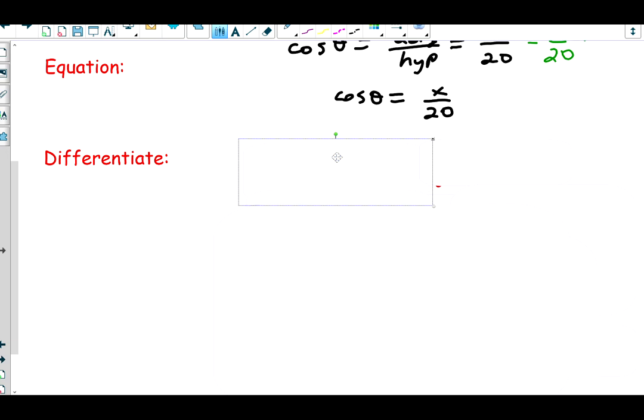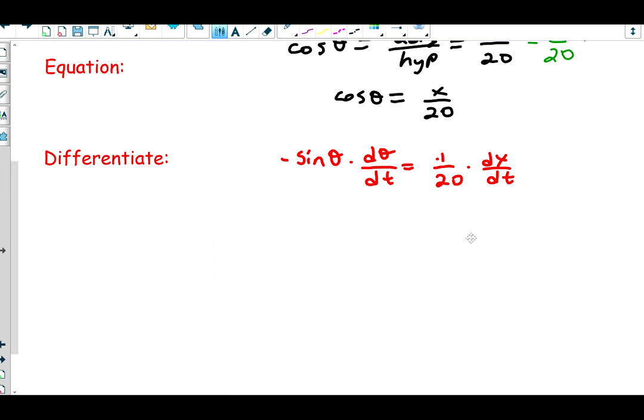Don't forget to multiply it by d theta dt, because just like in the past, theta is a function of time, and you need to multiply by the derivative of the inside, which is d theta dt. On the right side, that's 1 over 20 times dx dt. From this point forward it should be smooth sailing, because we're just going to plug in dx dt is 1. d theta dt is what we have to solve for.